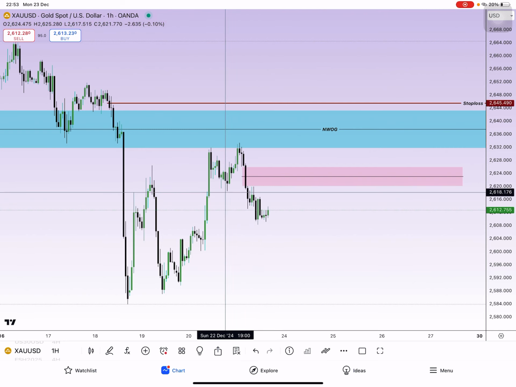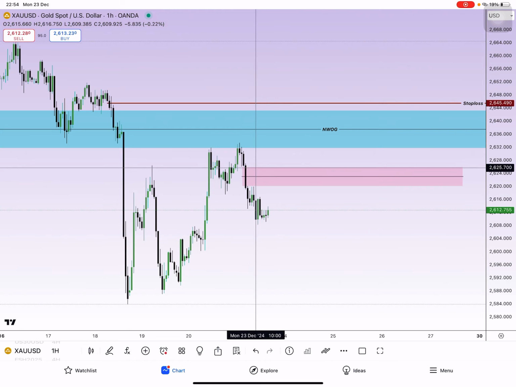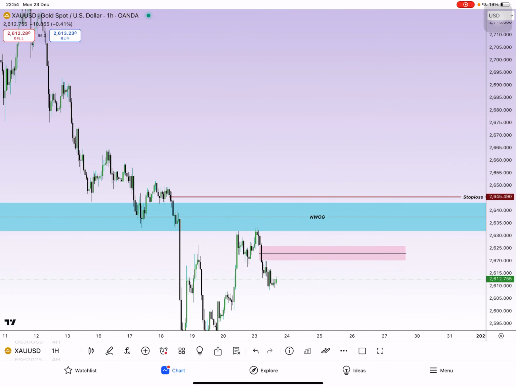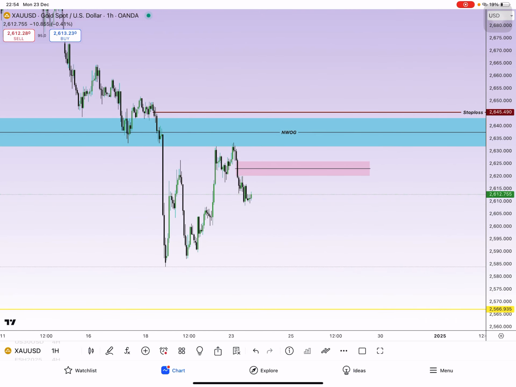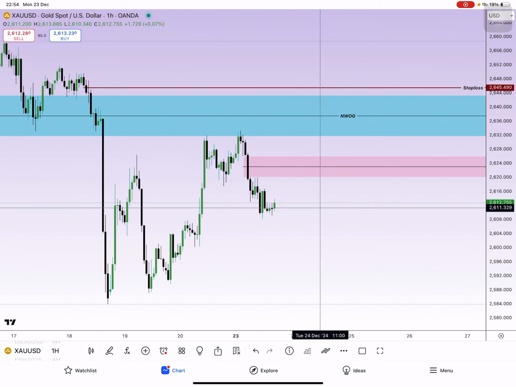These two candles took this low and left a little gap which was tapped in here. I believe they should come in here tomorrow AM session in New York, and then it can also trade back up to the new week opening gap. That's something I would consider, but that's why I've taken a stop loss above here.